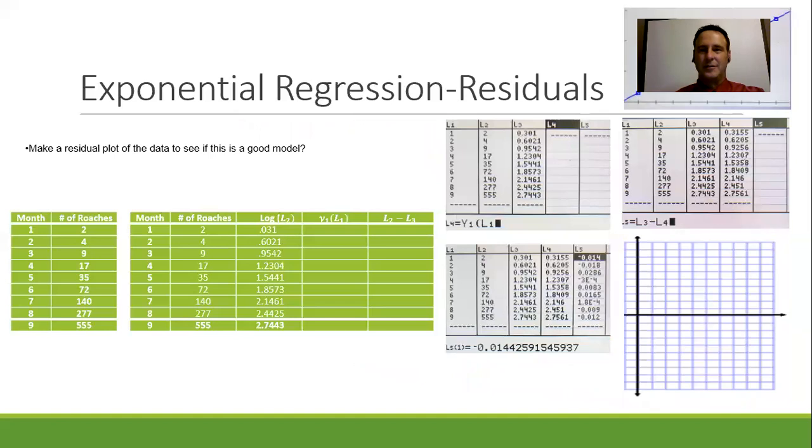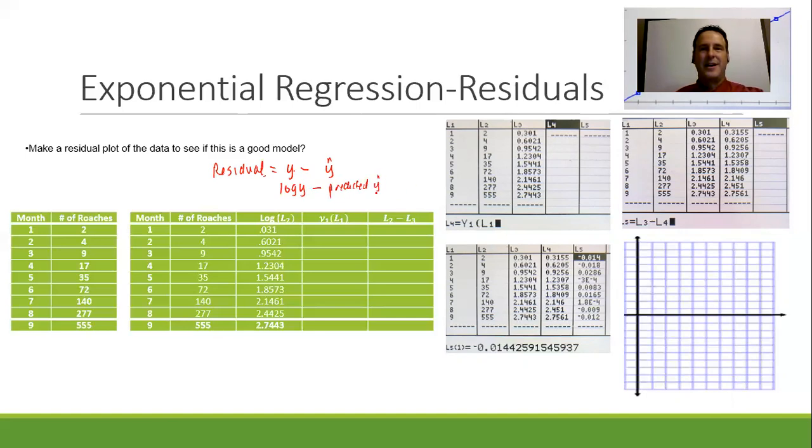So here's what I'm going to do. This is how you find the residuals. And if I go too fast, make sure that you hit pause if you need. But here's what you're going to do. Remember, residual is equal to y minus the predicted y. Now the y's that we're looking at with respect to our graph aren't really the real y's, it's really the log of the y's, minus the predicted y hats.